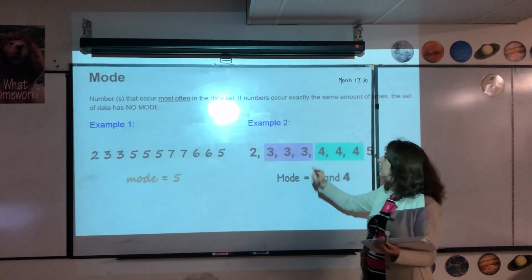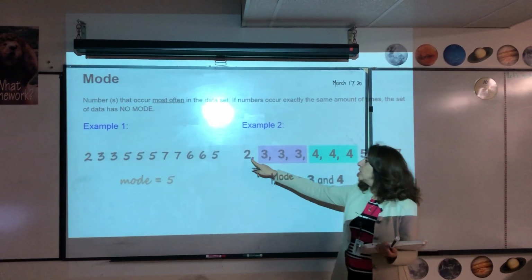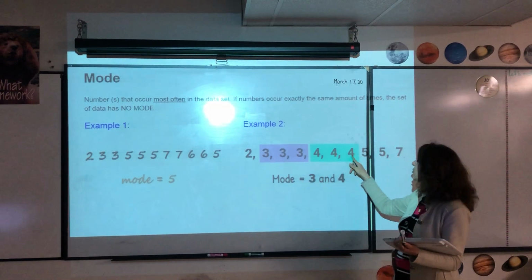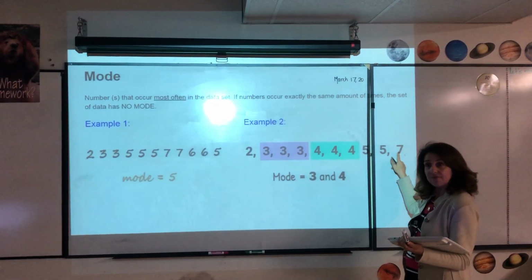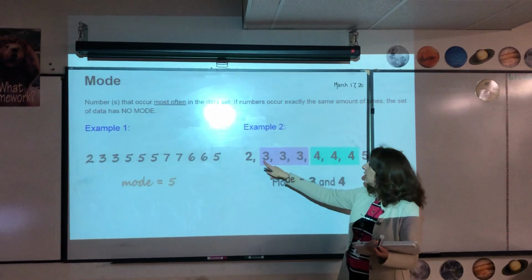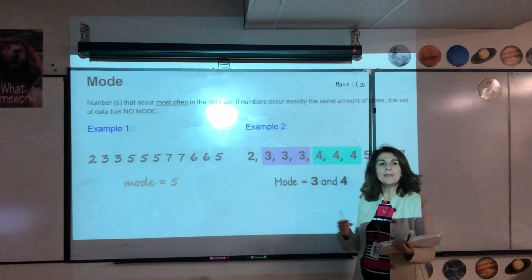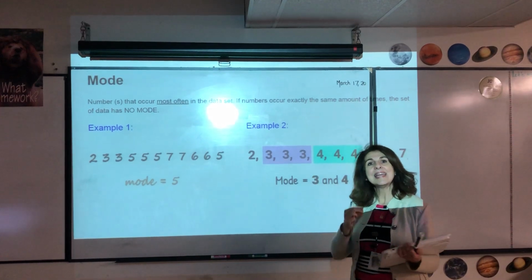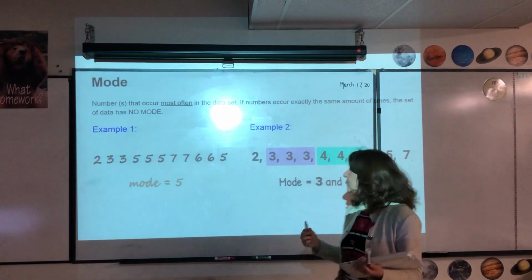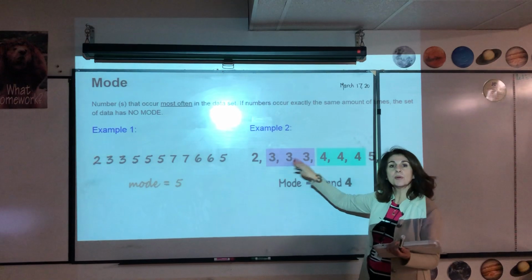Another example here is this one. I have 2, 3, 3, 3, 4, 4, 4, 5, 5, and 7. These numbers here, look, number 3 and number 4, they appear exactly the same amount of times. So they're both here 3 times.